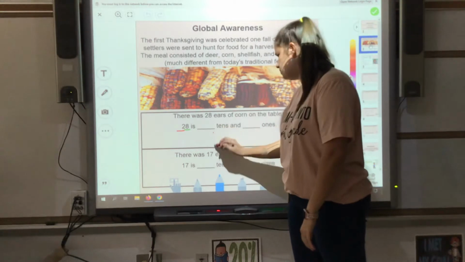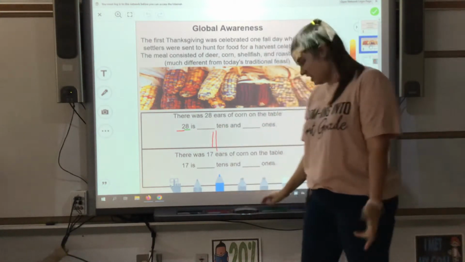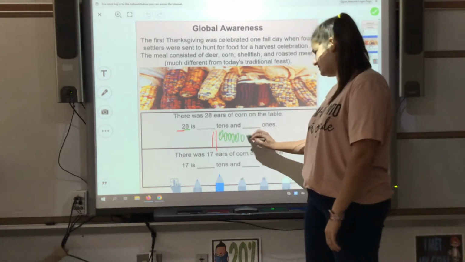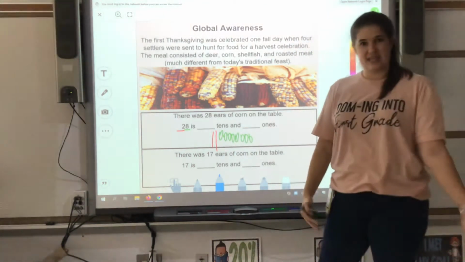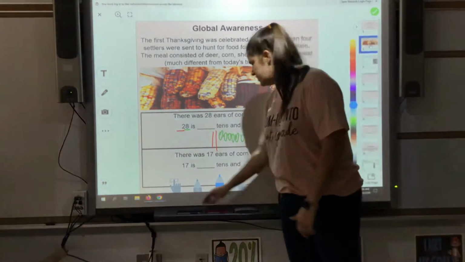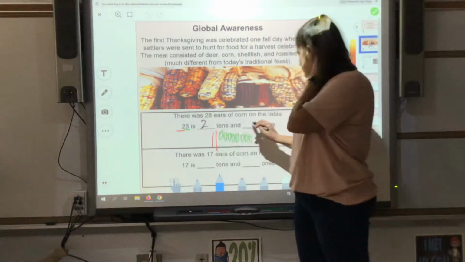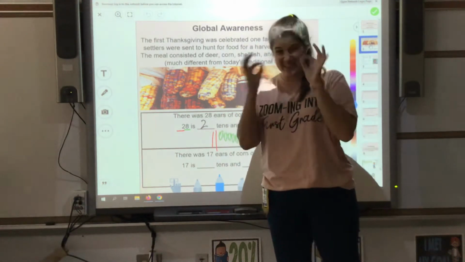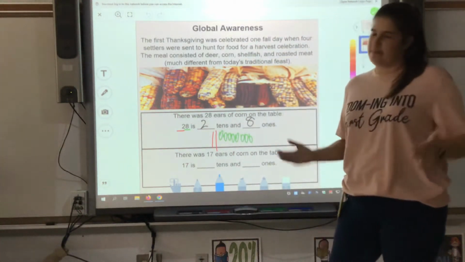So 2 tens, and then 1, 2, 3, 4, 5, 6, 7, 8. 2 tens and 8 ones. It helps me to see a picture because I am a visual learner. So I like to see things instead of just looking at numbers.